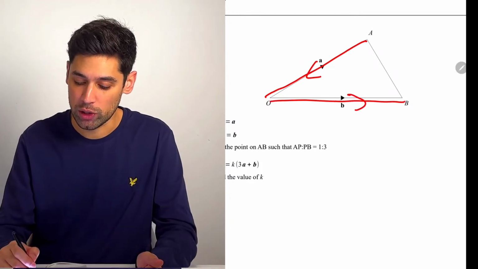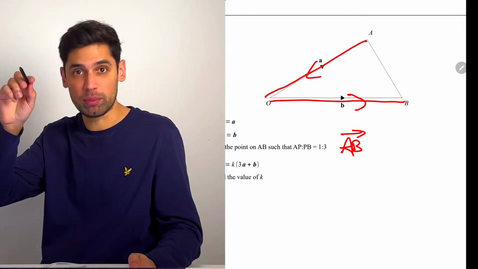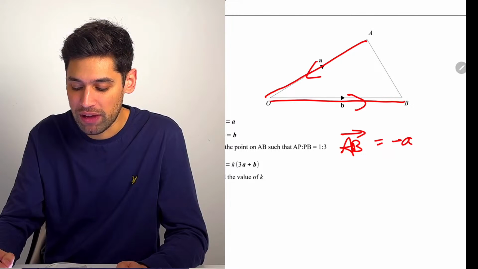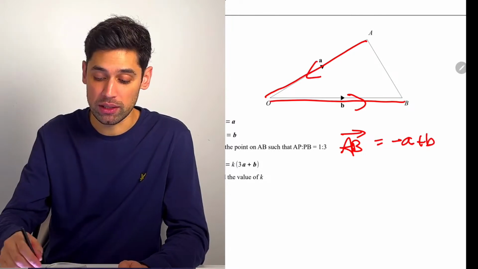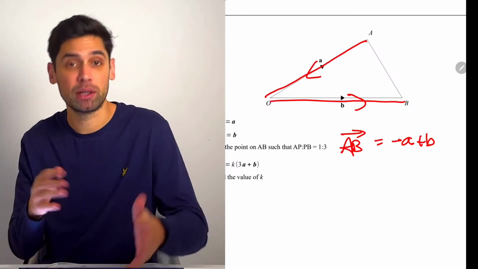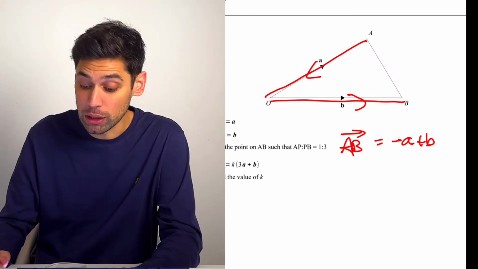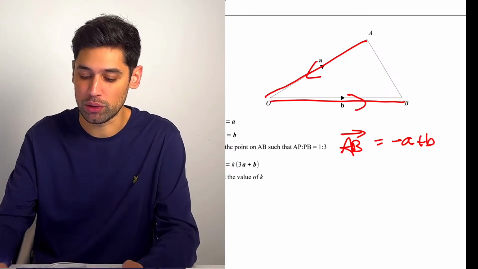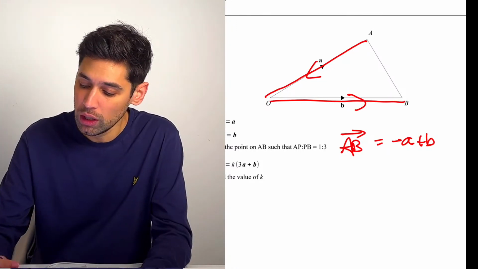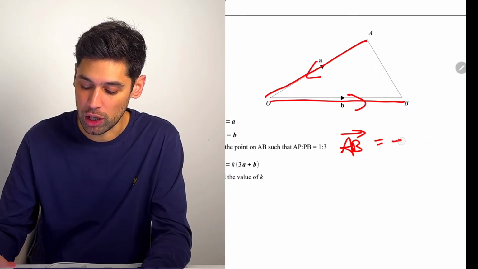So that vector, which we would notate as AB with an arrow, capital AB with the arrow on top, signifying from A to B, would be written as negative A plus B, because negative A because we're going against the arrow on that line, and positive B because we're going with the arrow, so it's a positive B. And these are lowercase because they are the vectors as opposed to the points which we are going to and from. So that's the basics of vectors. That's kind of the most important part you need to know.